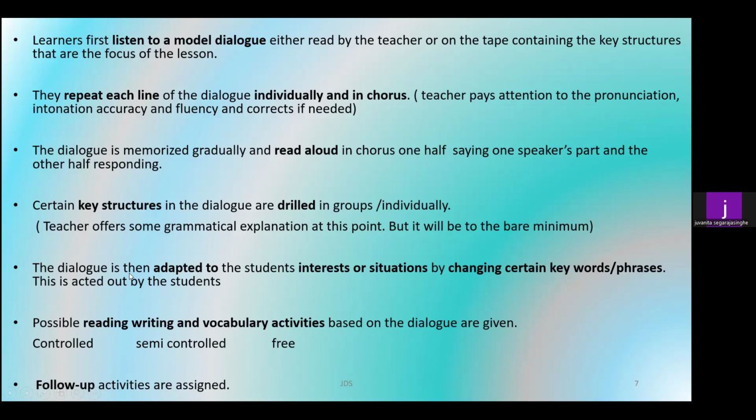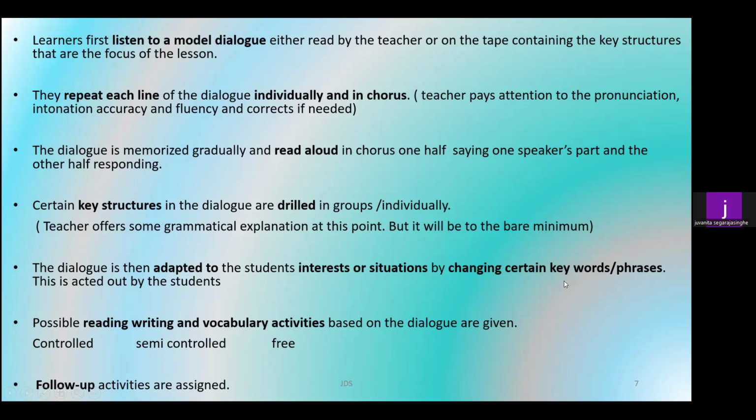Dialogue is then adapted to the students' interest or situations by changing certain keywords. You can delete certain words. Maybe you can use synonyms or antonyms, or maybe you can change the situation.